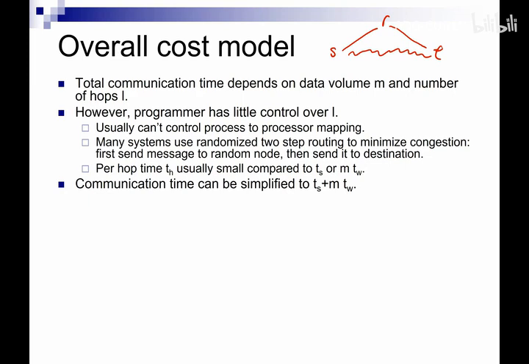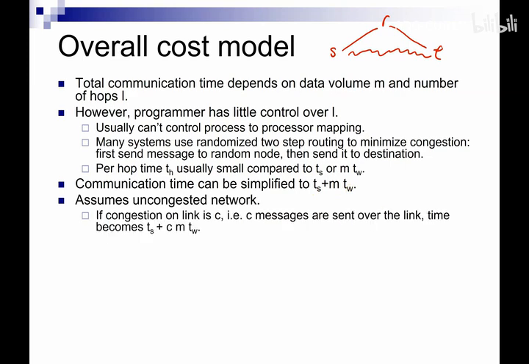Once you ignore L, you can simplify your communication time to simply be the startup time TS plus the time to transfer the message, which is the message size times the per byte time. Now this expression is assuming that the network is uncongested.